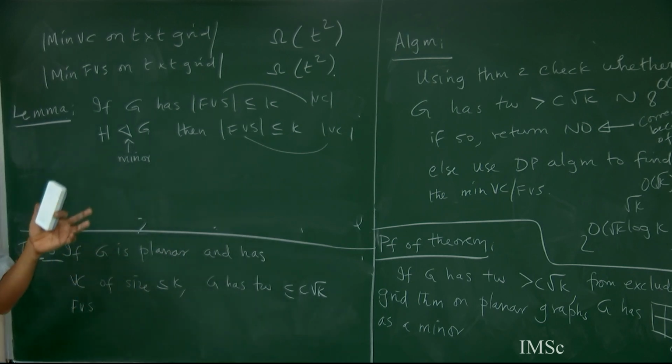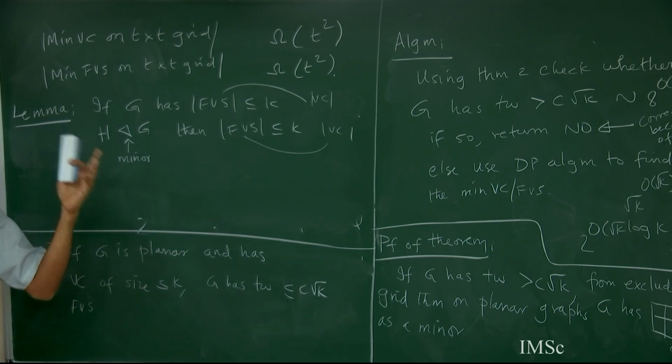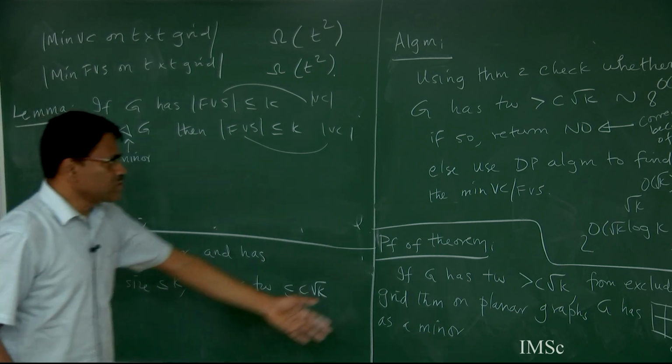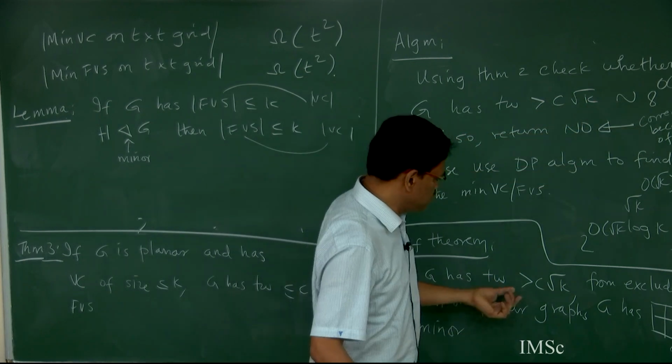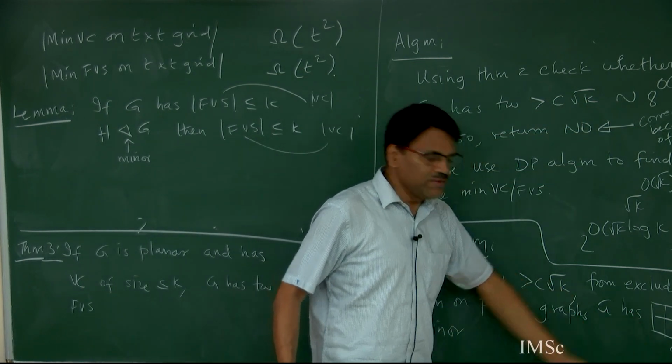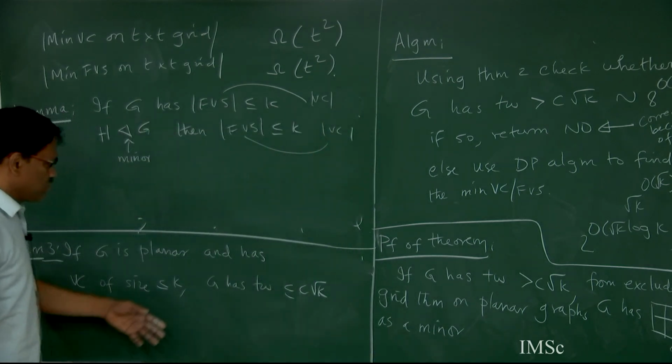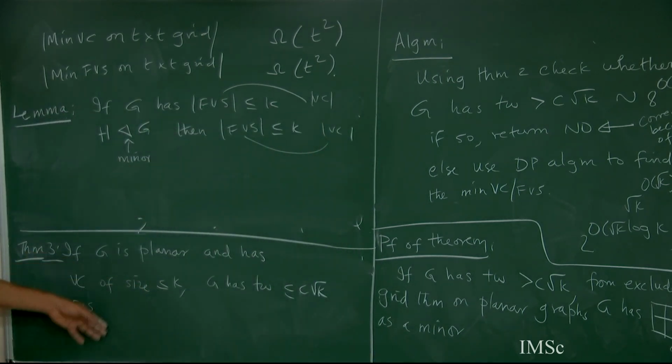So omega t square is like some d square times k. If d is chosen large enough, then d comes out of this grid minor theorem. So you choose your c large enough so that t becomes large enough, then the whole graph has size greater than that.